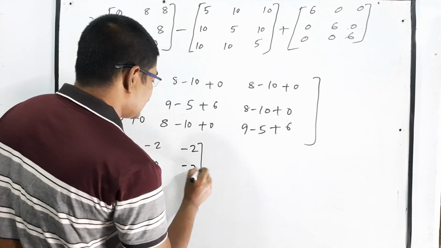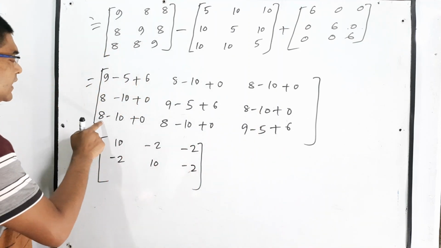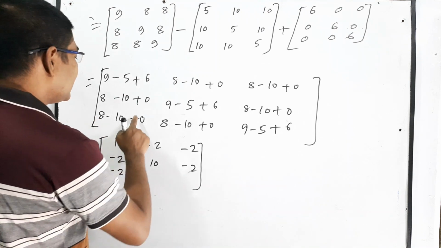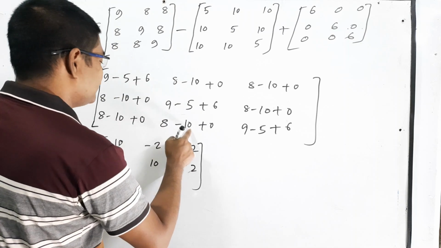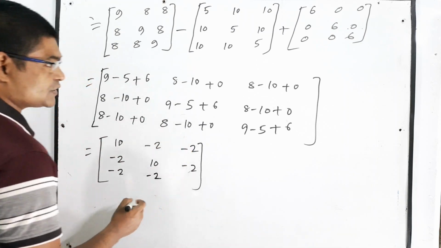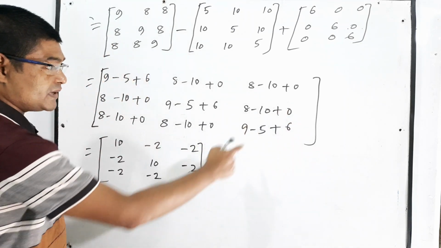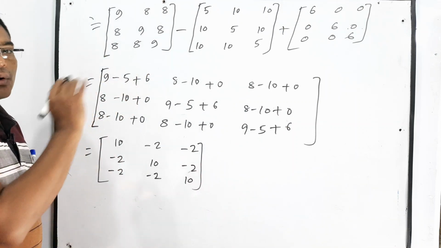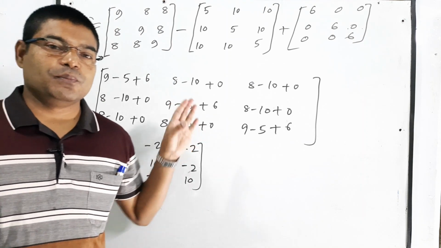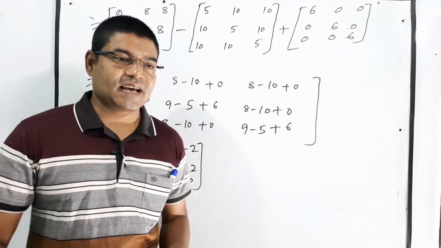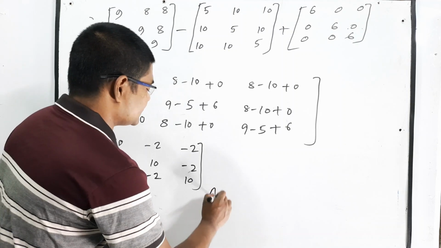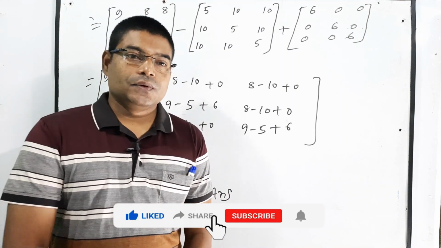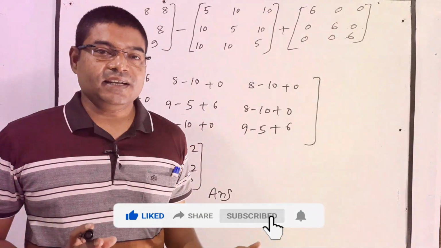So 8 minus 10, we get minus 2, and 9 plus 6, 15 minus 5, we get 10. So according to the question, A square minus 5A plus 6I equal to, we have got this. This is the answer. So let's come back, we'll start the new maths again.